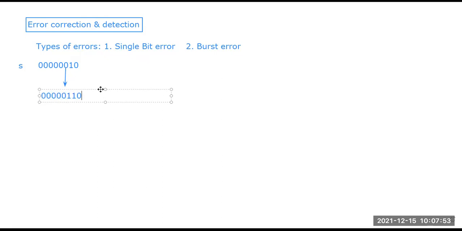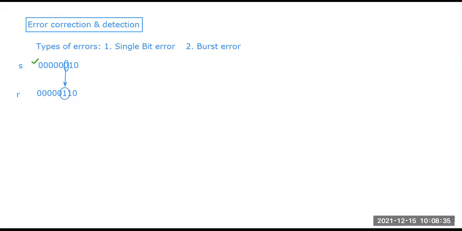So this data got changed by corruption. The bit was corrupted, and then this message was received by the receiver. The original data was different, but during transmission this 0 bit got corrupted and was converted into 1. So 0 changed to 1, and that's how the bit gets errored and the whole message gets changed.